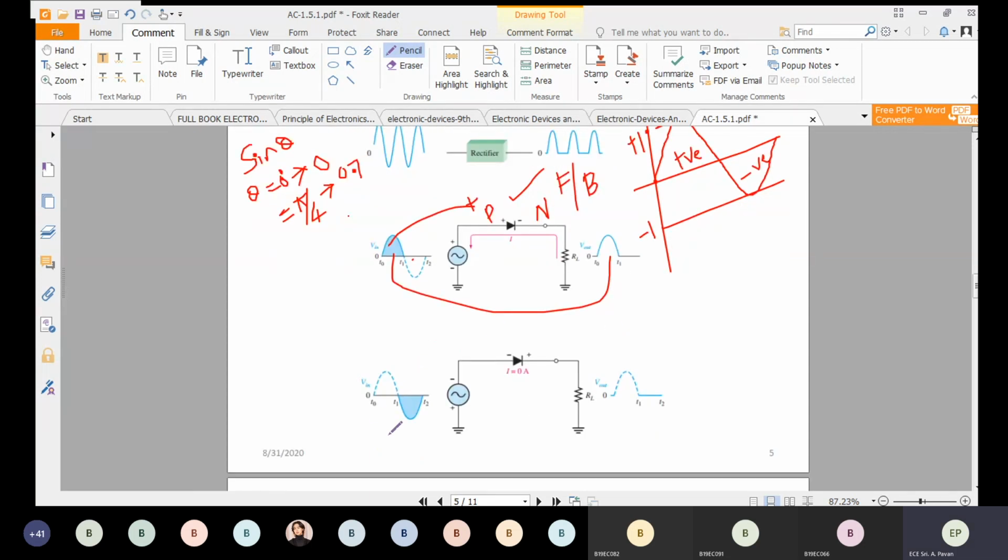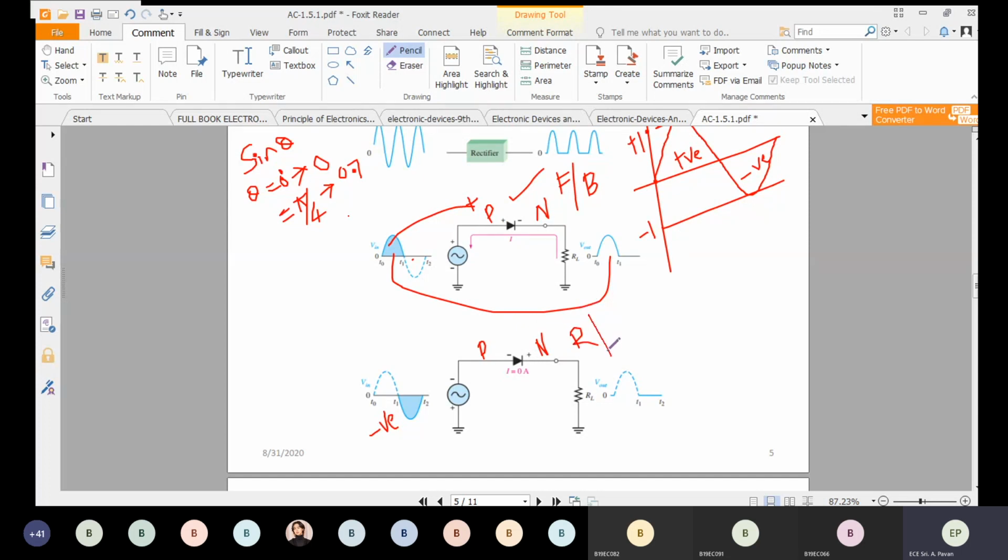Now you apply a negative half cycle to the diode. In a sine wave, we have both positive and negative. Now we are applying the negative half cycle. If I apply the negative half cycle, the P side is given negative voltage and the N side is given positive voltage. That's why this diode is in reverse bias.